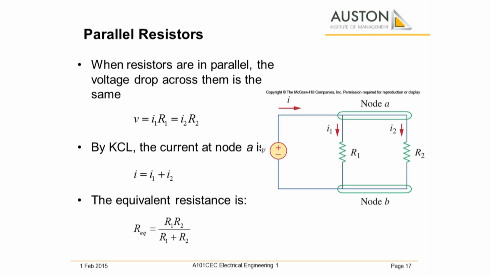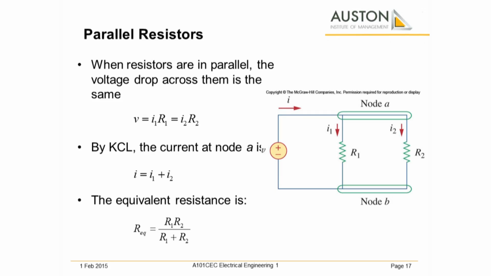Now, since the voltages are the same, we can say that the total current delivered by the source is equal to the sum of the currents passing through each resistor. In parallel circuits, the equivalent resistance can be written as R1 multiplied by R2 divided by R1 plus R2.